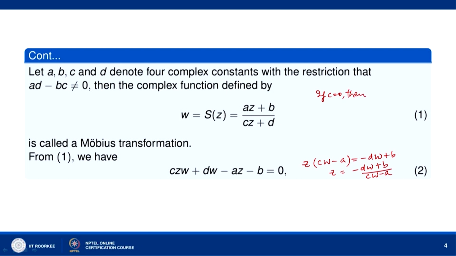Since ad minus bc is non-zero, if c is equal to 0, then neither a nor d can be 0, and therefore w equal to (az plus b) divided by d is a linear transformation.